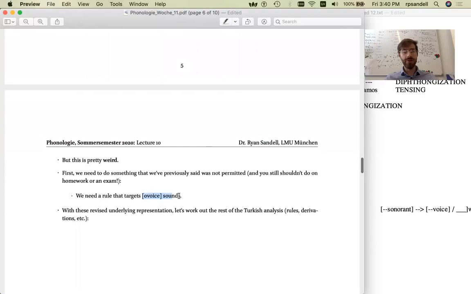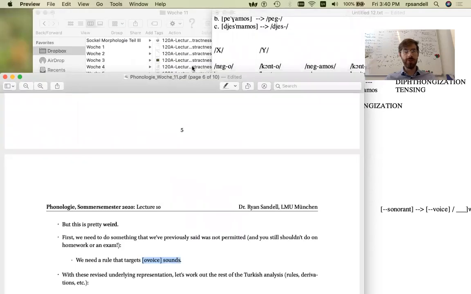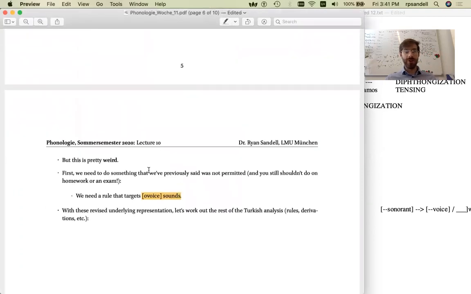And in particular, if we assume that this underspecification really means 0 voice, then we're going to have a phonological rule that targets sounds that are marked as 0 voice. And as I've mentioned in earlier lectures and in our exercise sessions, that's precisely not something that should ever happen.